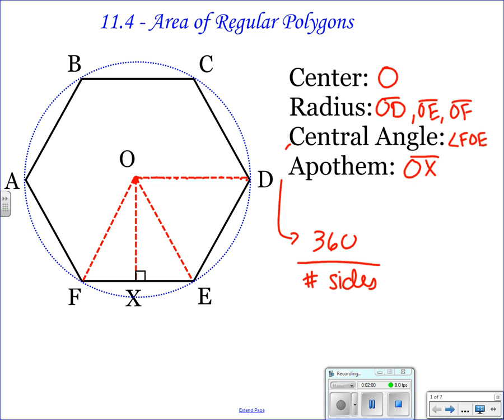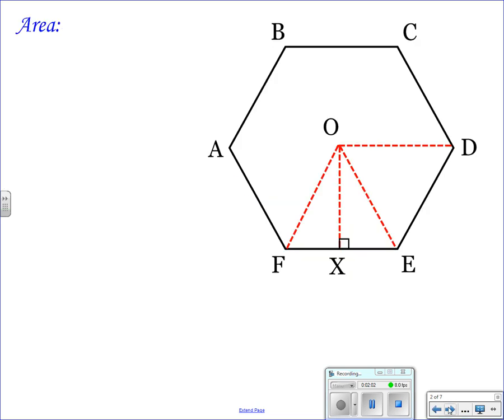Now let's talk about how to find the area. As I have been doing all along in all of these sections, I've been deriving the formula for area. So let's think about this. In our regular polygon, we're going to have a certain amount of congruent triangles. This triangle, triangle FOE, is congruent to triangle EOD.